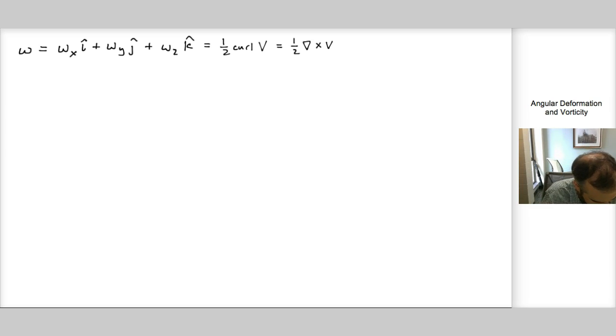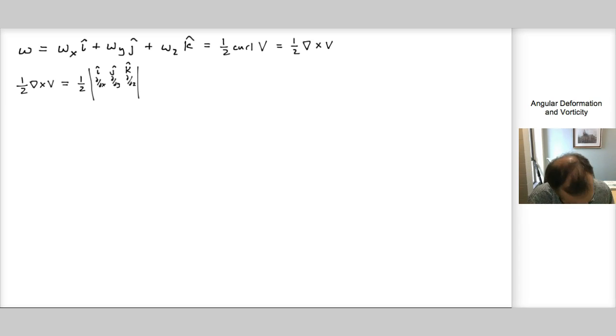And so if we write that out more formally, that's going to be 1/2 del cross V, and that's equal to 1/2 the determinant of this matrix. We have i, j, and k hat in the first row. We have d over dx, d over dy, d over dz in the second row, and our velocities u, v, and w in the bottom row.